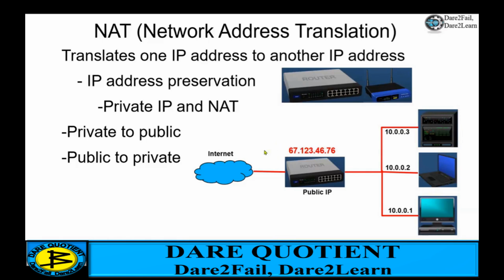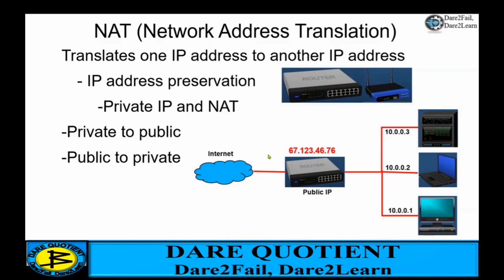This is the IP address that is sent out to the internet, to the public. Once a response is sent, it goes to this router, and the router sends it to the corresponding device that sent out the request. That is how NAT operates.